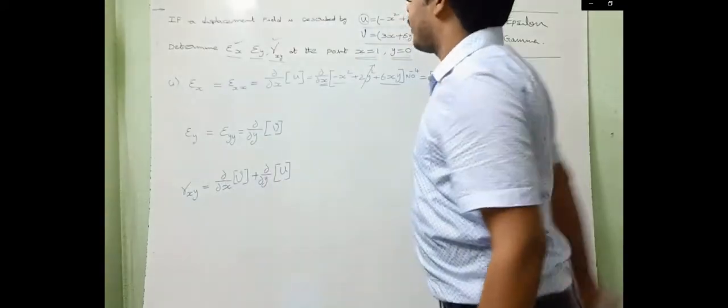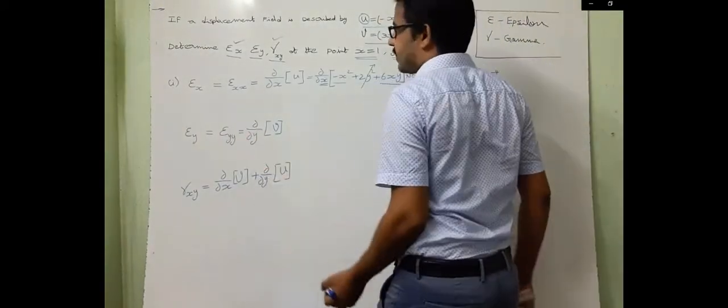The partial derivative with respect to x: minus x square gives minus 2x, and 6xy gives 6 into y. There is no need to calculate the y term. So that equals minus 2x plus 6y into 10 power minus 4. This is the epsilon x value.